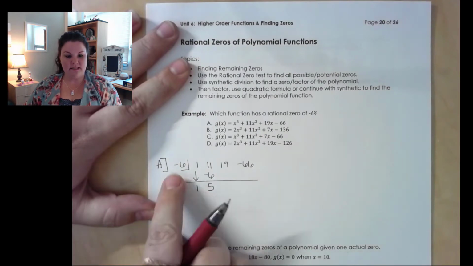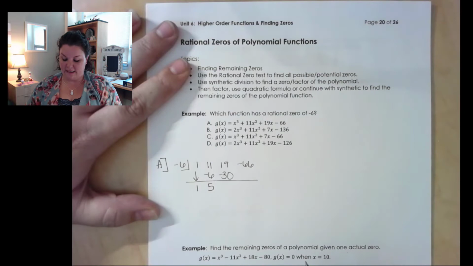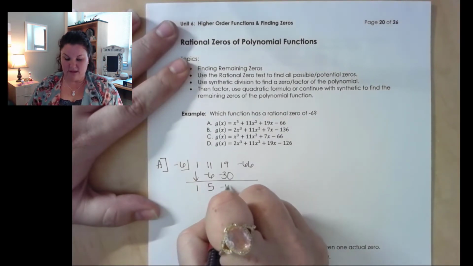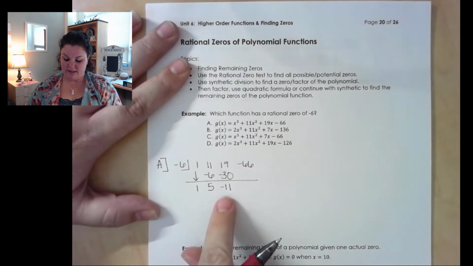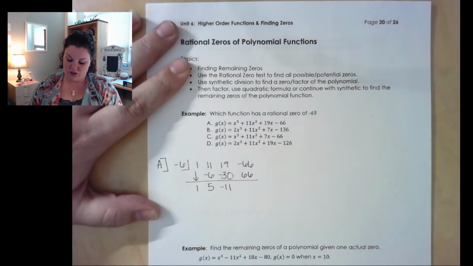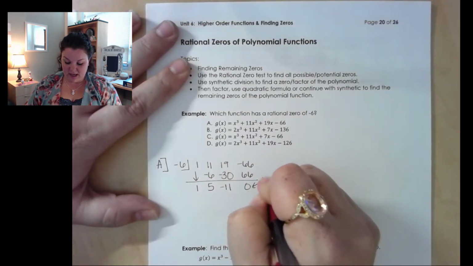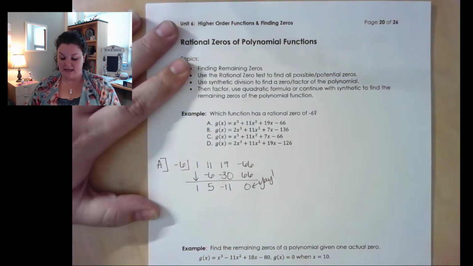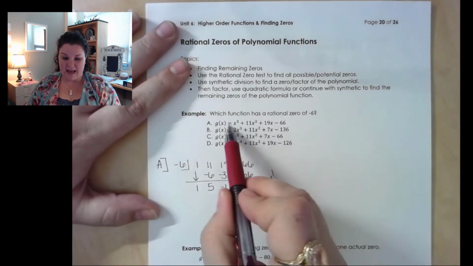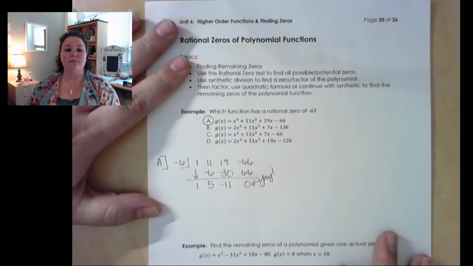Then 5 times the -6 gives me a -30. 19 and -30 combines to a -11, and -11 times -6 gives me a +66, which combines to a 0. So here I got a 0. Yay! That means that -6 is a zero of this A function. So I'm going to circle A.